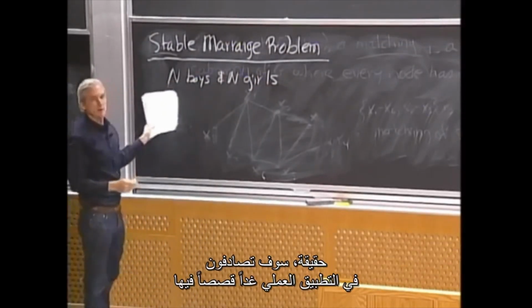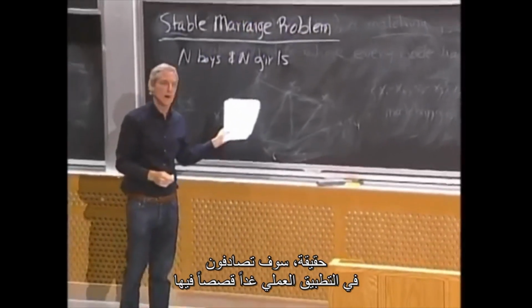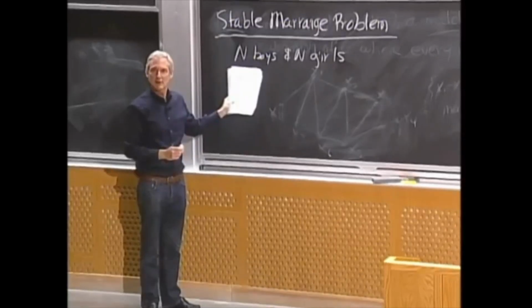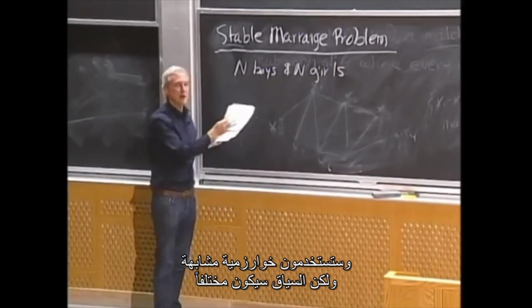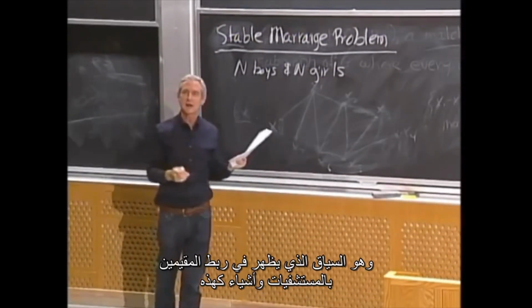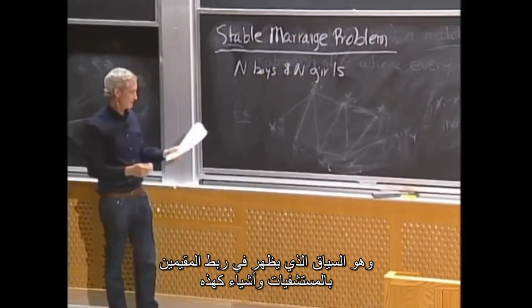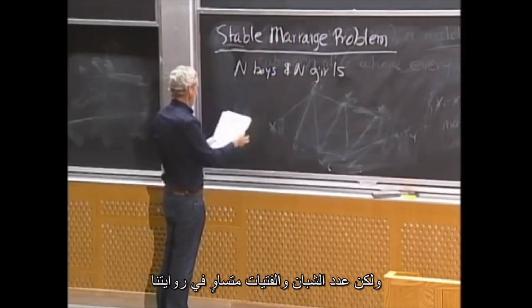Now, actually, tomorrow in recitation, you're going to look at the scenario where there's more girls than boys, or vice versa. You'll be using a similar algorithm, but it'll be a different context, the one that comes up in matching interns to hospitals and stuff like that. But for our version, it's an equal number of boys and girls.